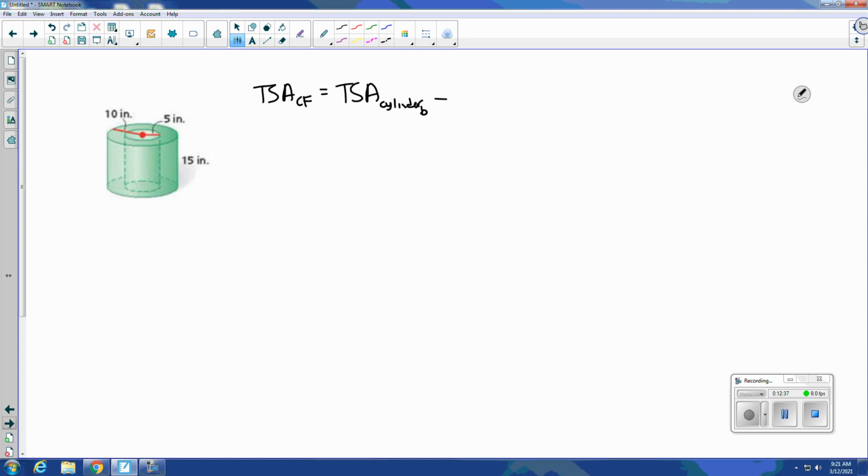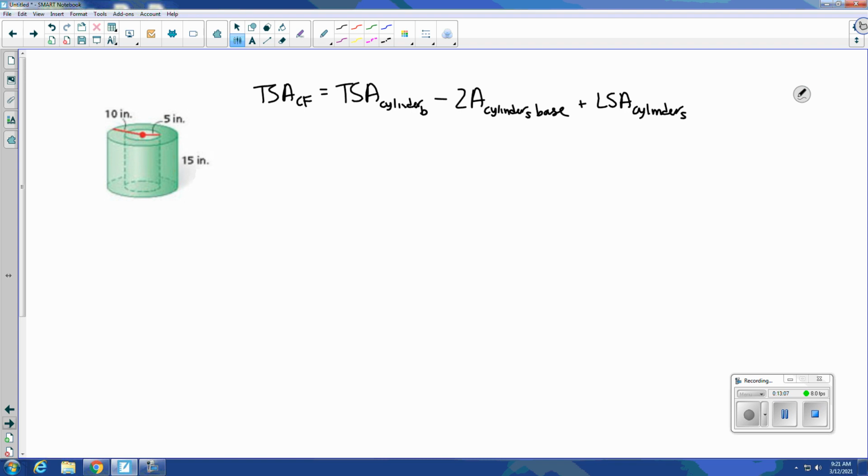So we're going to have to take 2 area of cylinder S, so small cylinder base. But then we're going to have to add in the lateral surface area of that middle cylinder, which we're calling cylinder S for the small cylinder.